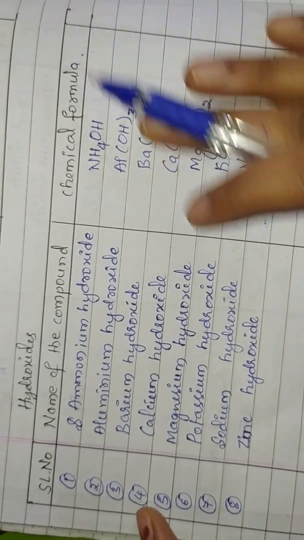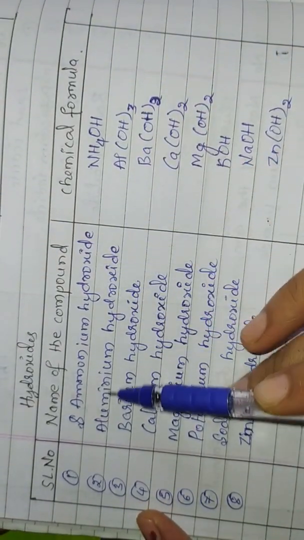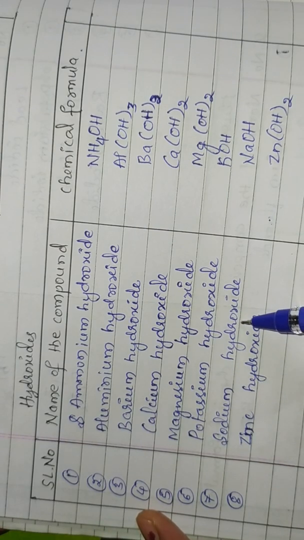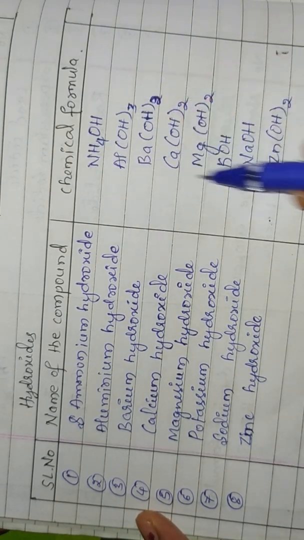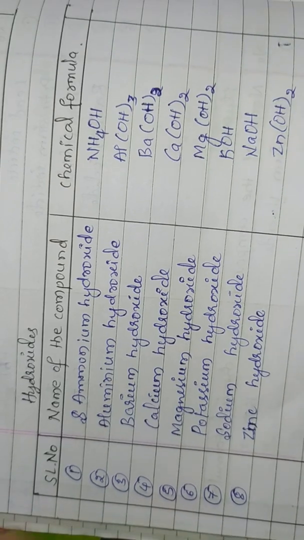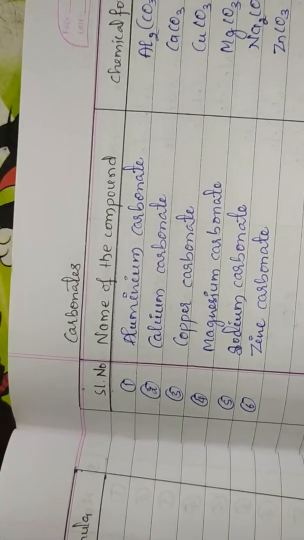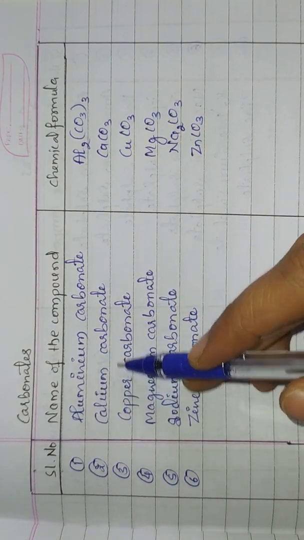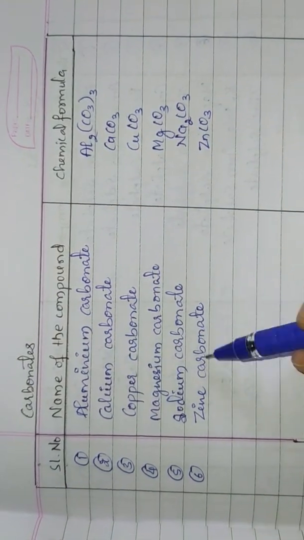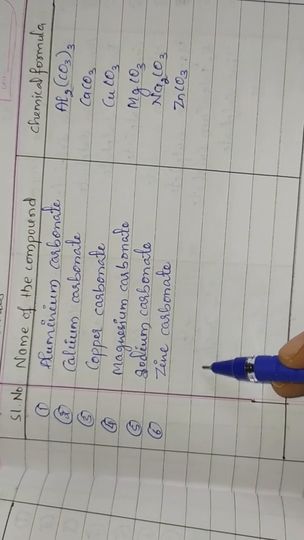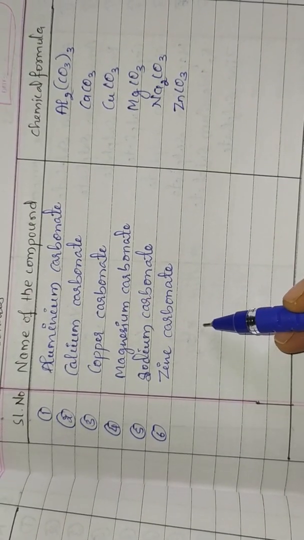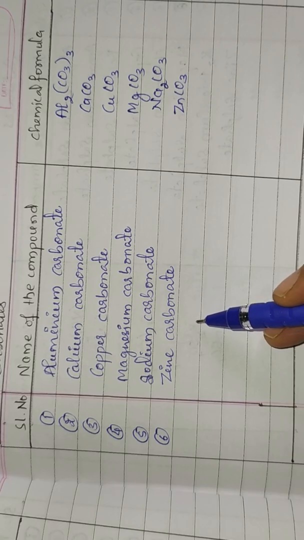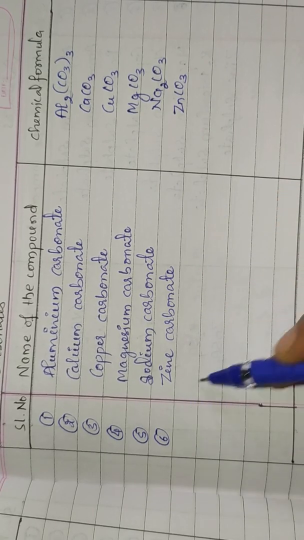Here also hydroxides: ammonium hydroxide, aluminum hydroxide, magnesium hydroxide, sodium hydroxide. Also in this column I have written the chemical formula. See here I have written carbonates: ammonium carbonate, calcium carbonate. You can add some more whenever you are solving chemical equations; if you get some more chemical compounds, you can add them here.